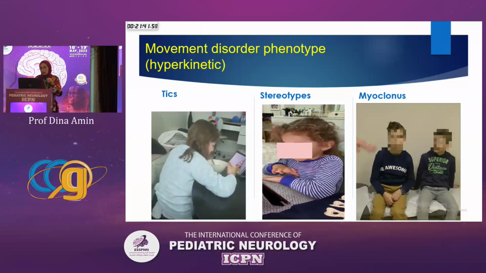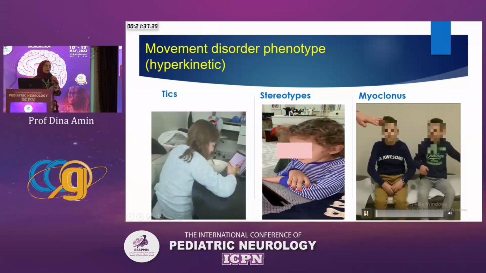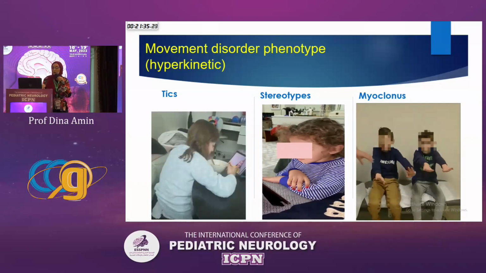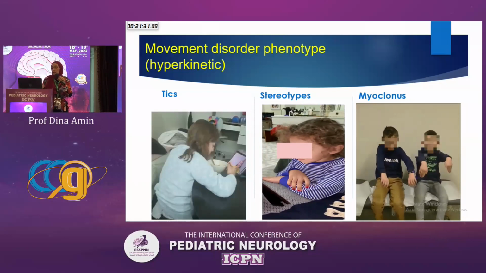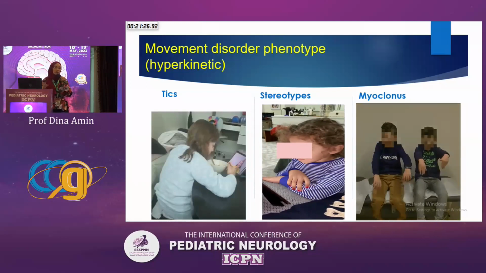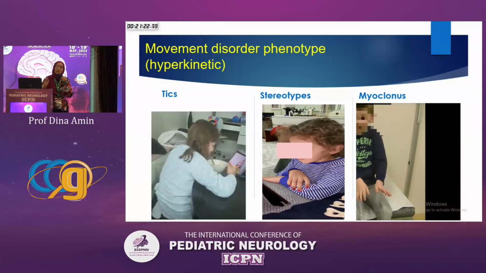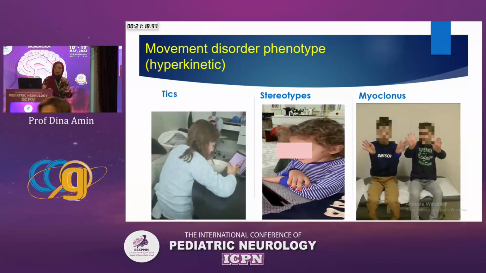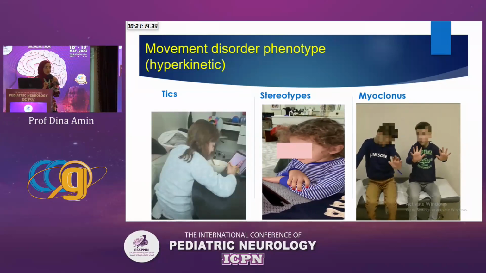Then coming to myoclonus, which is the fastest movement disorder, and usually occurs in the form of brief, shock-like, jerky involuntary movements. As you can see, these siblings both have myoclonus in their hands. One of the clues is that this myoclonus sometimes gets worse on goal-directed movements, and it can be elicited with tactile stimulation, as we'll see in this video.